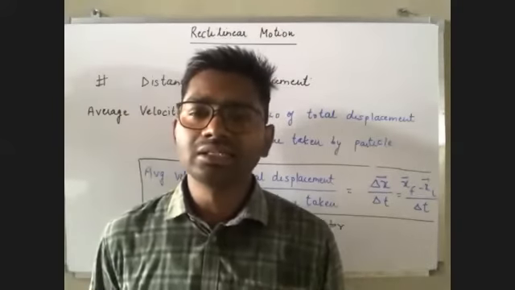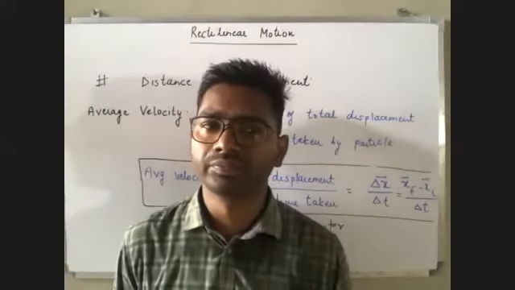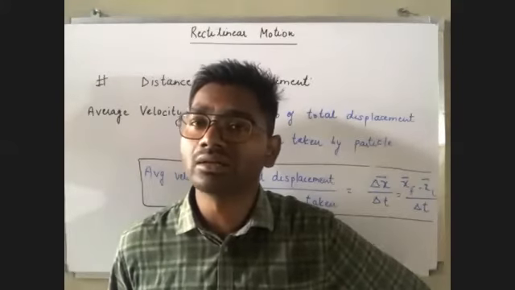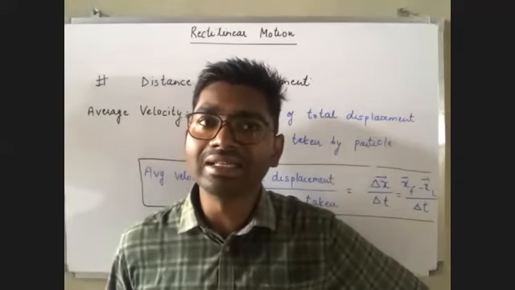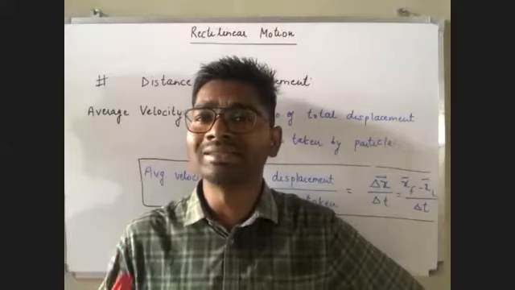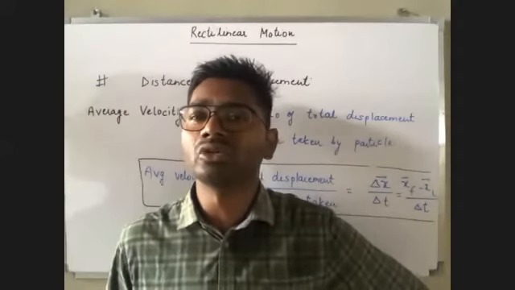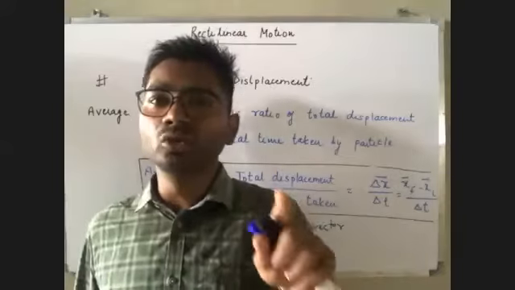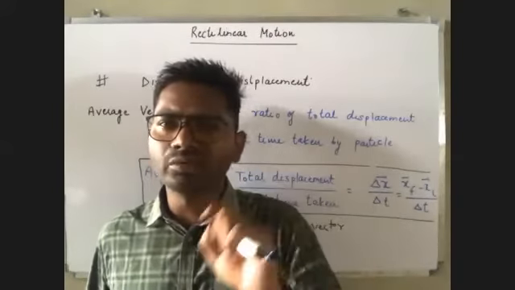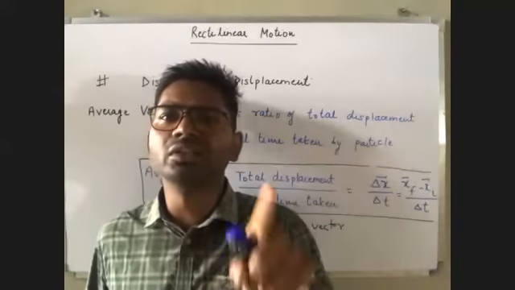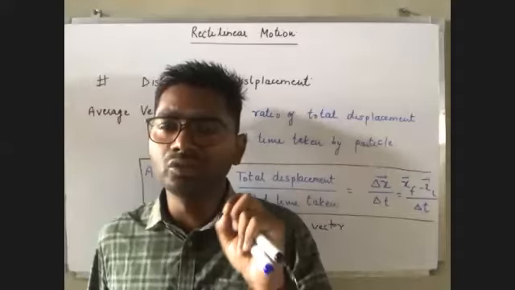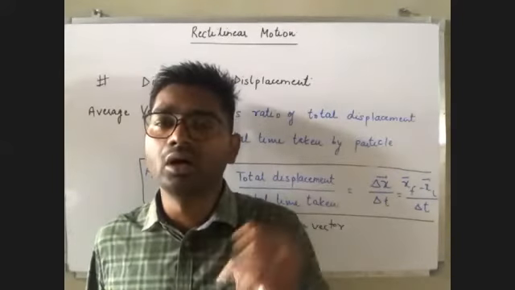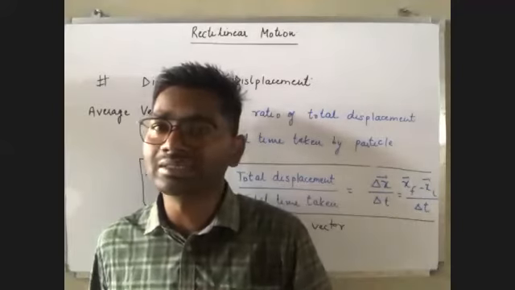Now let's suppose, guys, let me take an example. I'm talking about instantaneous velocity. Suppose you are driving a bike, and if I ask at any moment what is the speed of the bike, what are you going to tell me? You are going to look at your speedometer and tell me the same thing. If the needle is at 40, you will tell me it is right now 40 meters per second. Or if it is 60, then you will tell me 60 meters per second.